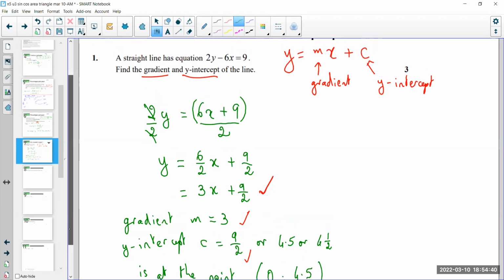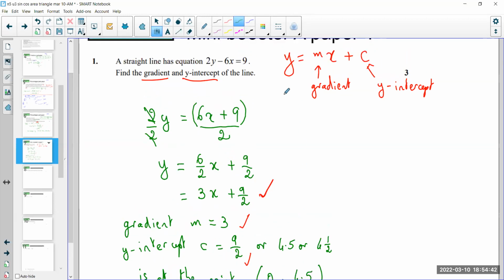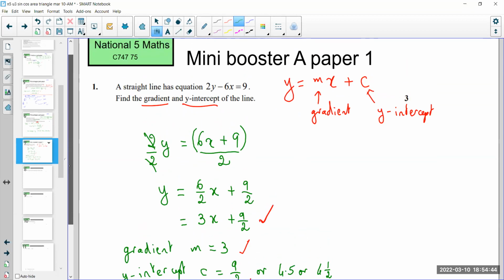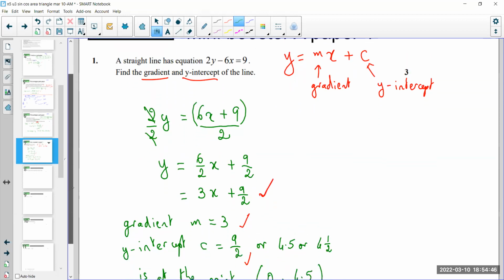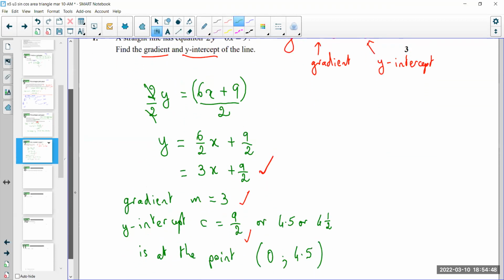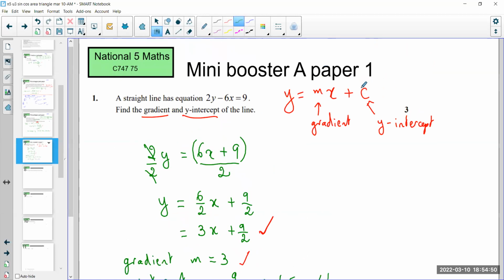But if you say c equals 0, 4.5, I think someone did that, you lose a mark because c is not a point when you write it like this. C is just a value.